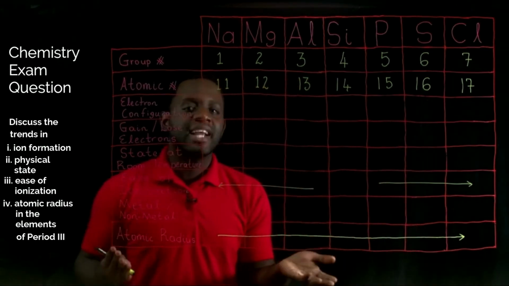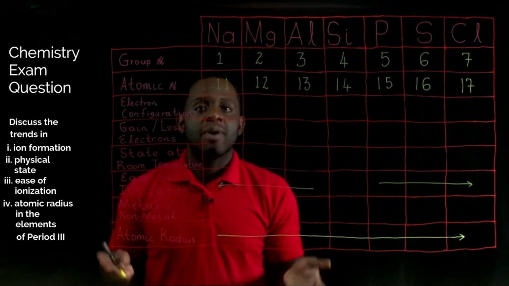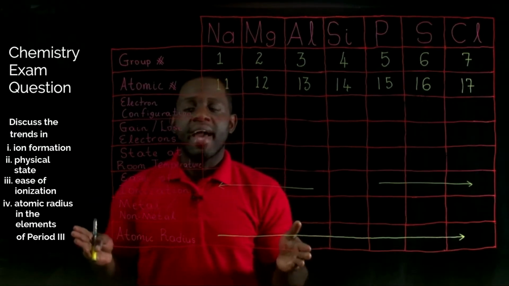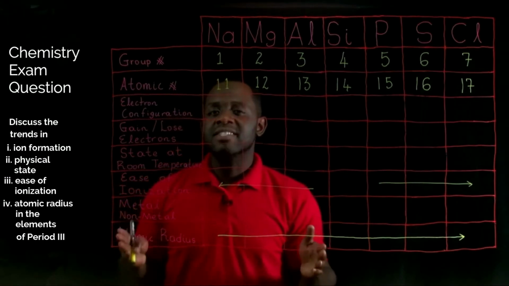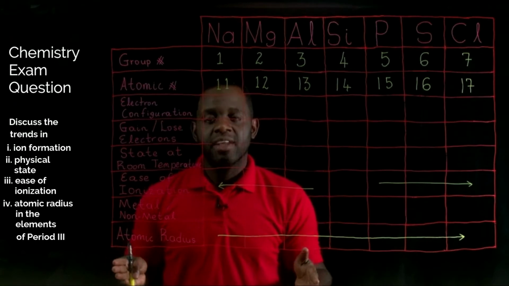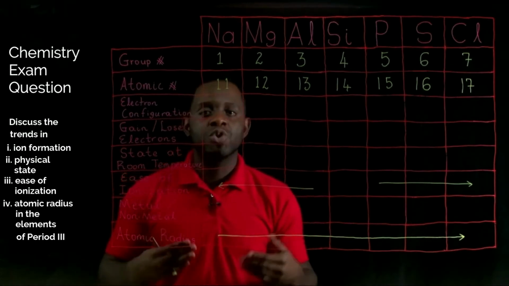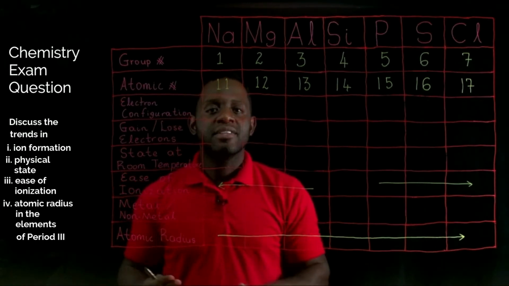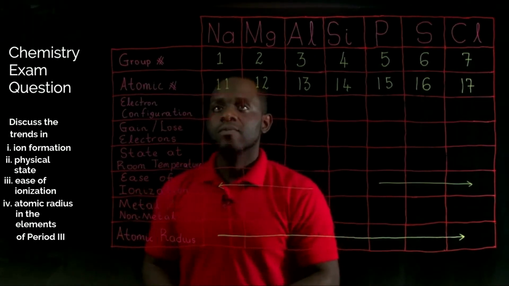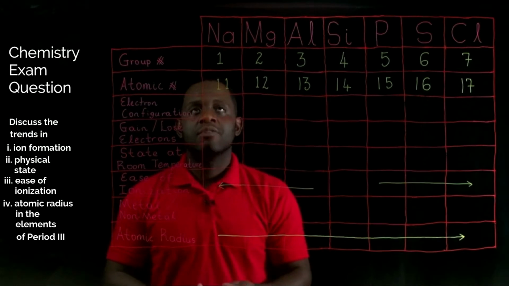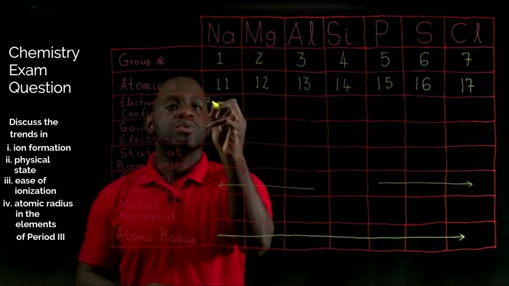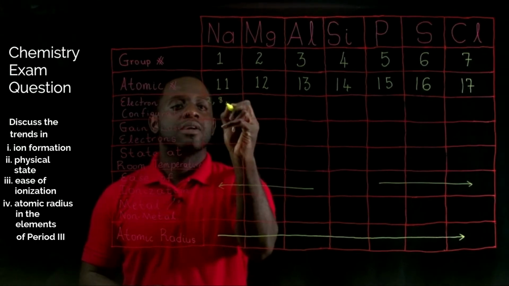But how are these electrons arranged around the nucleus as they orbit the nucleus? And for that we need a very simple rule, which is the first shell can hold a maximum of 2 electrons and the second and third shells can hold 8. Therefore, the electron configuration of sodium is 2, 8, 1.